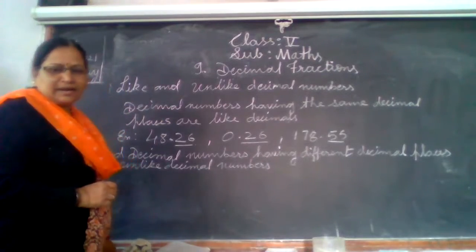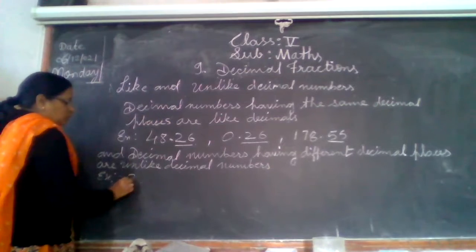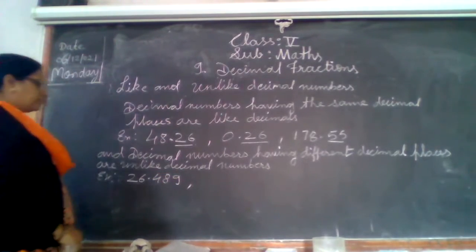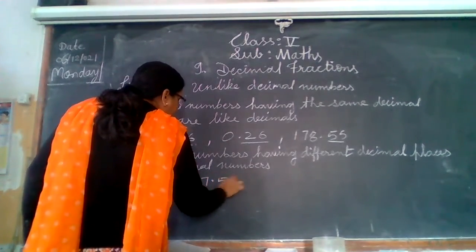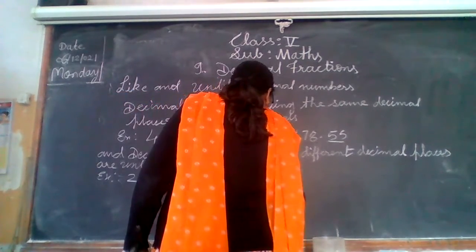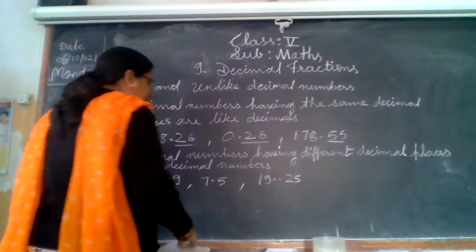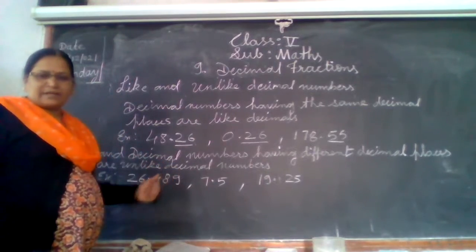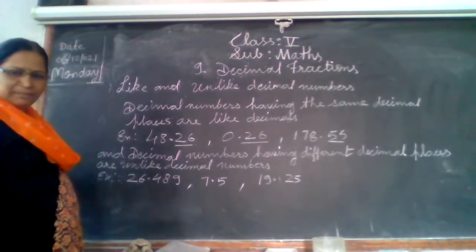For example, see beta, 26.489, 7.5, 190.25. Now observe only the decimal part. 26, 7 and 190 are the whole number part.